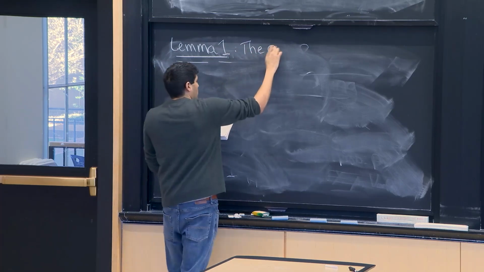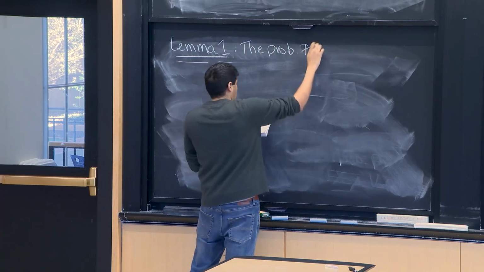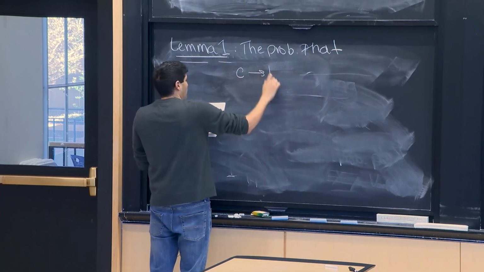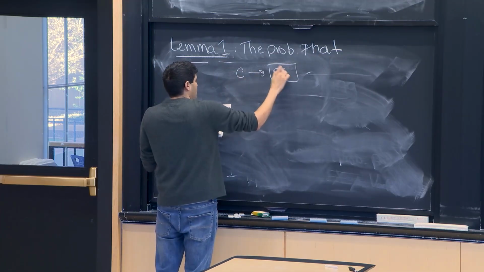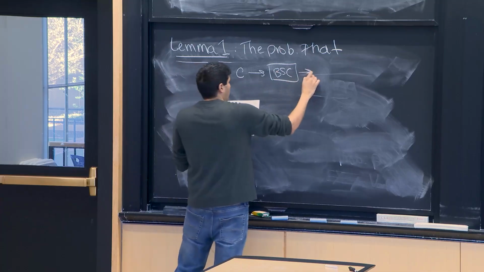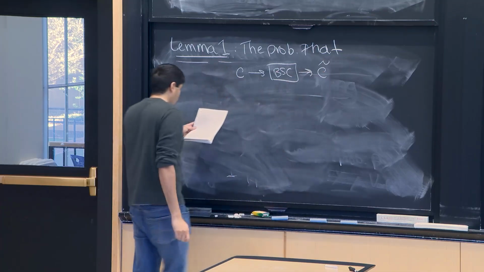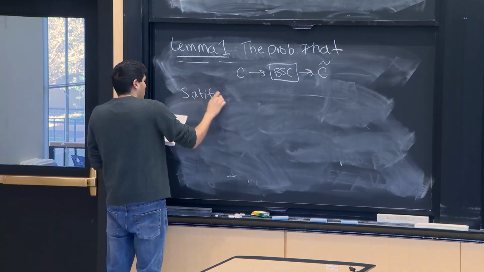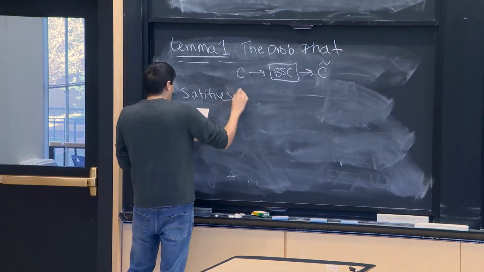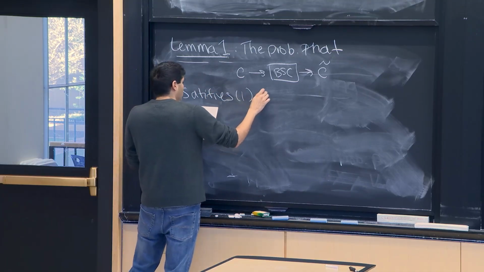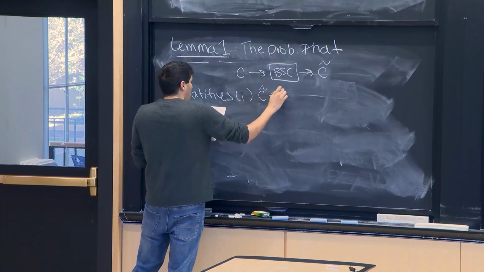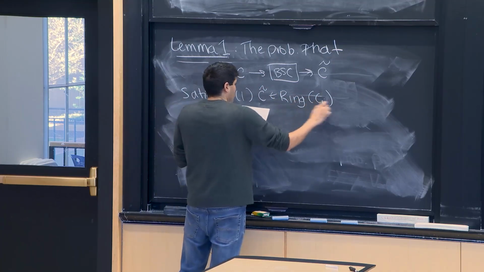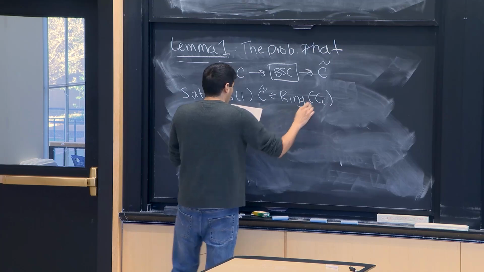The probability that if we take C and we send it through our binary symmetric channel, and we get out C tilde, we want it to satisfy two conditions. Condition 1, that C tilde belongs to the ring around Ci of some width gamma.